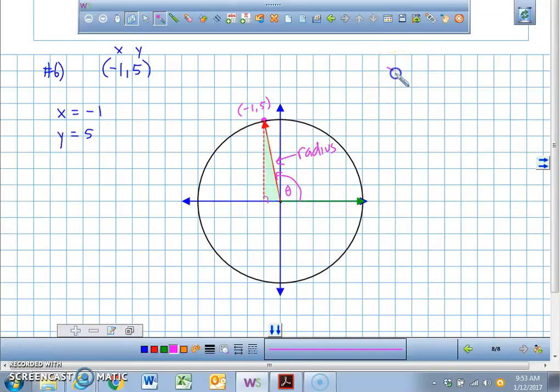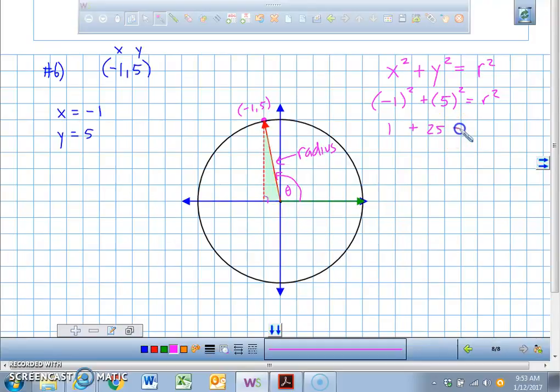Here's a formula that you're going to need. Okay? You need to know that your x-coordinate squared plus your y-coordinate squared will always equal your radius squared. What is our x-coordinate? -1. We square it, we get +1. What's your y-coordinate? 5. Square it, we get 25.